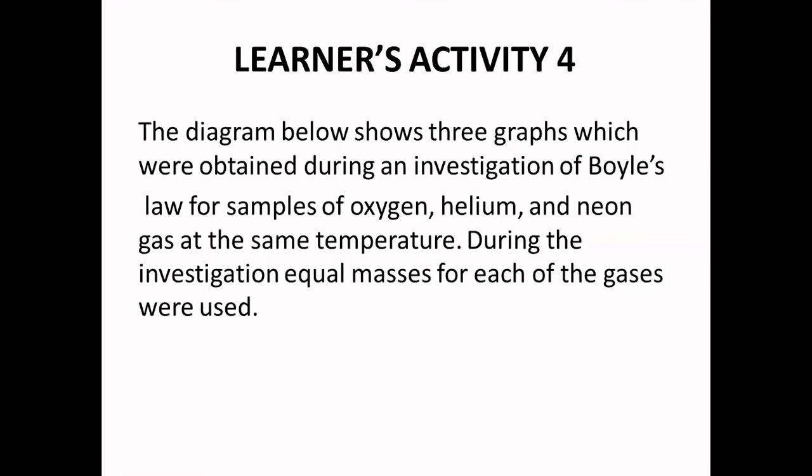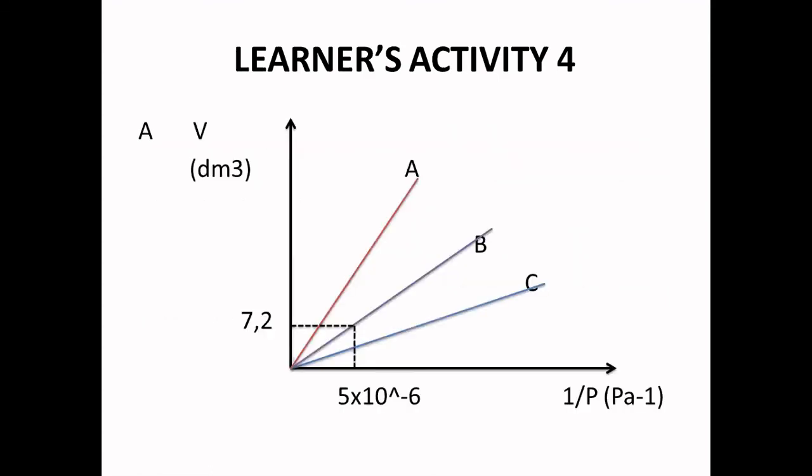Learners activity number 4. The diagram below shows 3 graphs which were obtained during an investigation of Boyle's law for samples of oxygen, helium, and neon gas at the same temperature. During the investigation, equal masses for each of the gases were used. Okay, we are given the graph there.